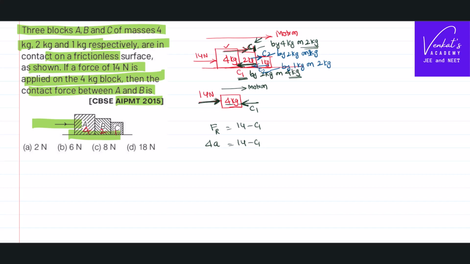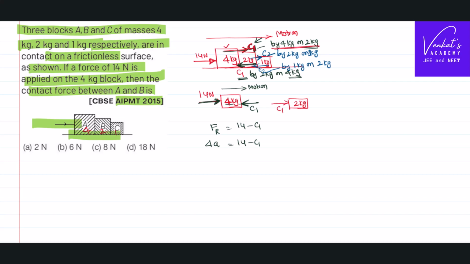Now let us draw a free body diagram for this 2 kilogram. What are the forces acting on it? This 14 Newton is not acting on 2 kilogram, only on 4 kilogram. But when 14 Newton acts, 4 kilogram pushes 2 kilogram forward with C1, as shown earlier. This is acting on 2 kilogram towards the right.